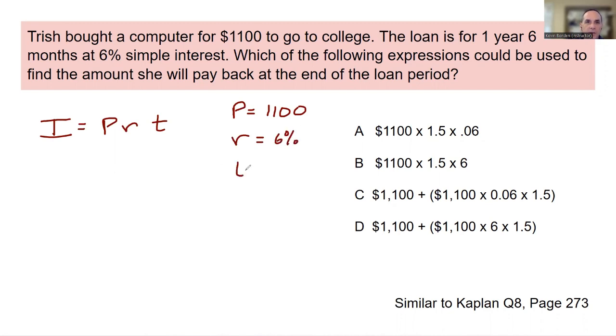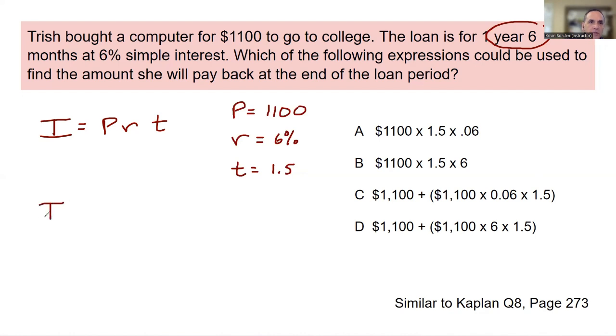And the time is a little tricky this time. It's 1 year and 6 months. So we have to convert that into years. And that is 1.5 years. So we're going to use 1.5 for that. And notice that all of these answers have 1.5 in it.